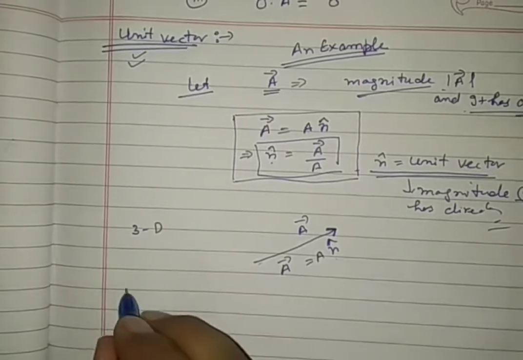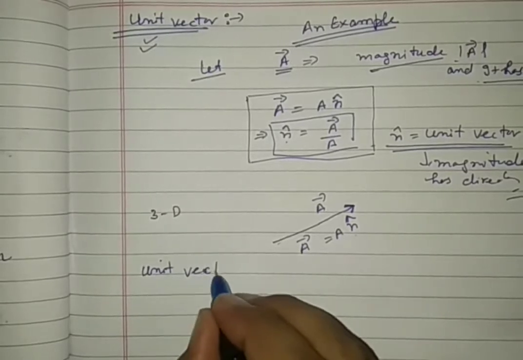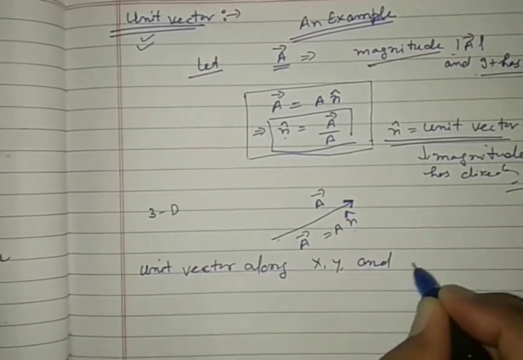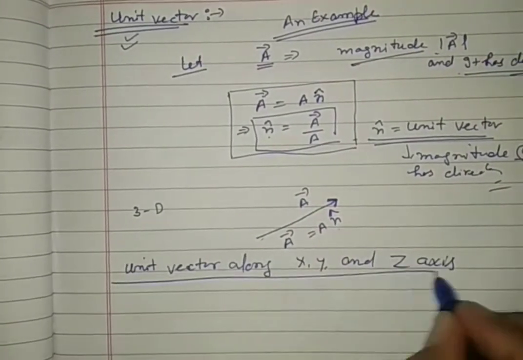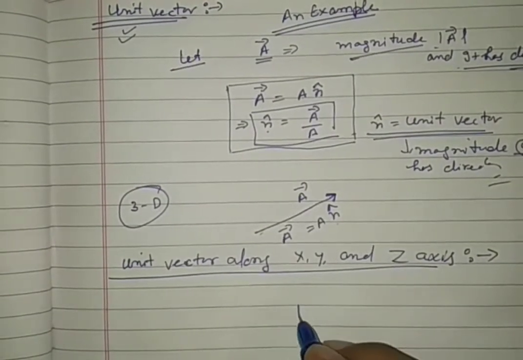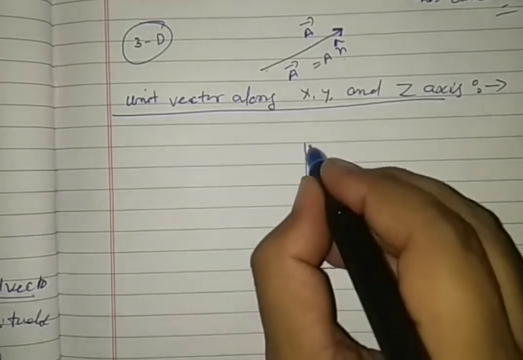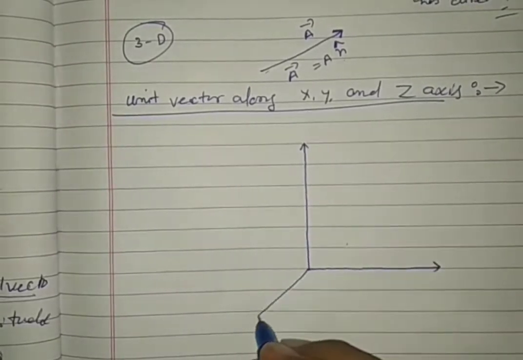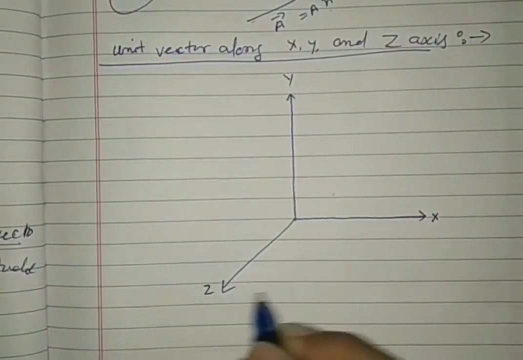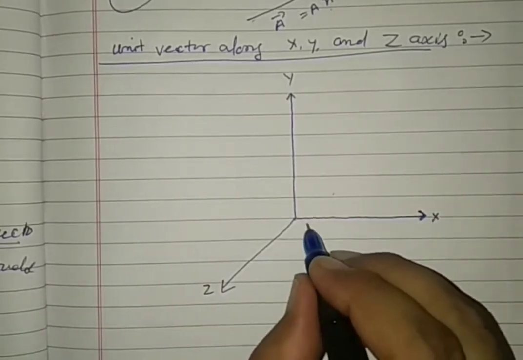This unit vector along x, y and z axis, understand, in 3 dimensions. See a frame of reference in 3D. x, y and z.